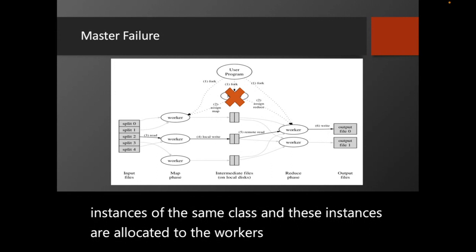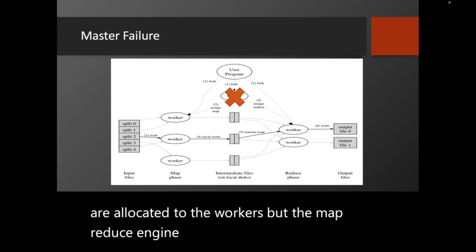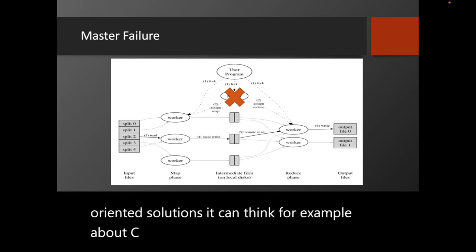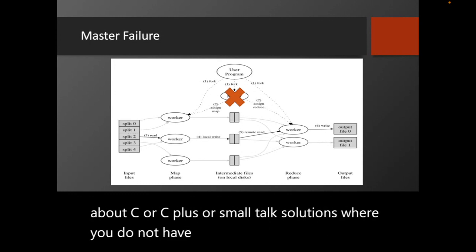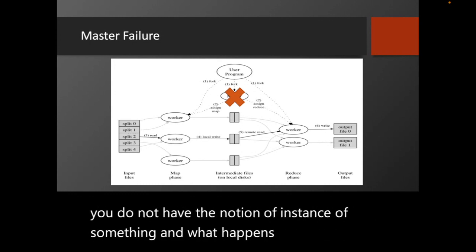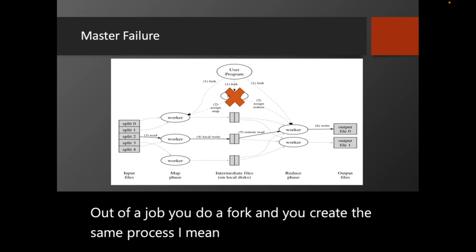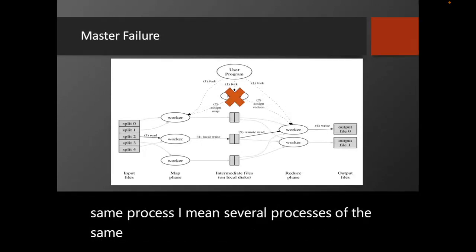But the MapReduce engine doesn't only think about object-oriented solutions. It can think, for example, about C or C++ or Smalltalk solutions where you do not have the notion of instance of something. What happens is that out of a job, you do a fork and you create several processes of the same program, and you allocate them to the workers.